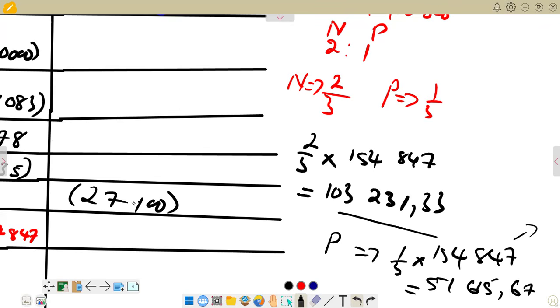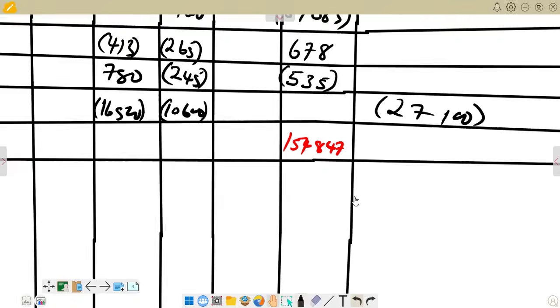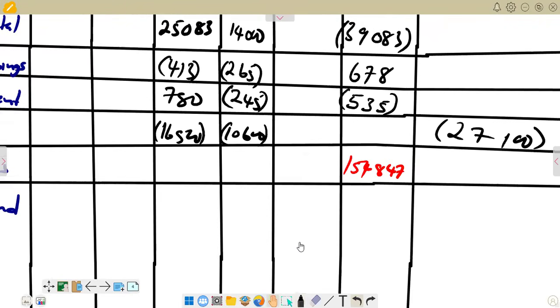So we come here, we put those answers that we got there. Remember the first one is nitro. So here we are saying the answer that we have says 103,231.33 to two decimal places.